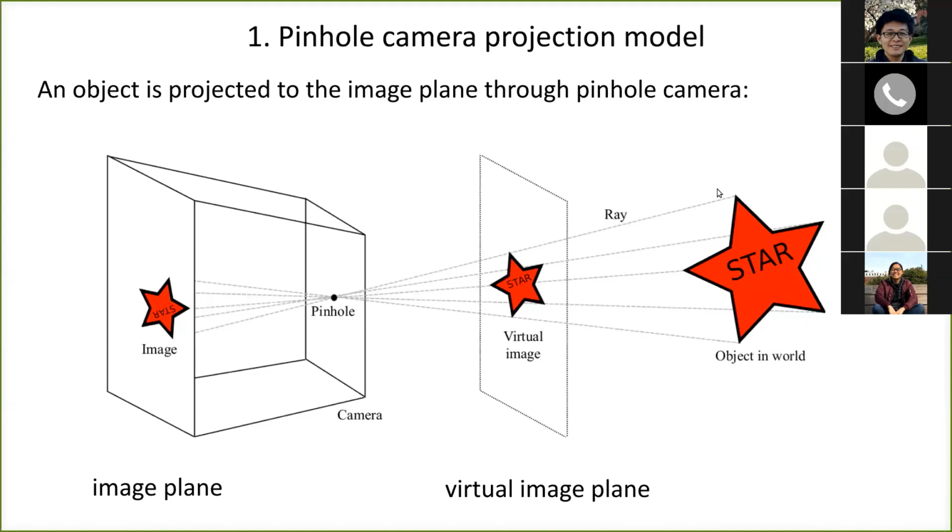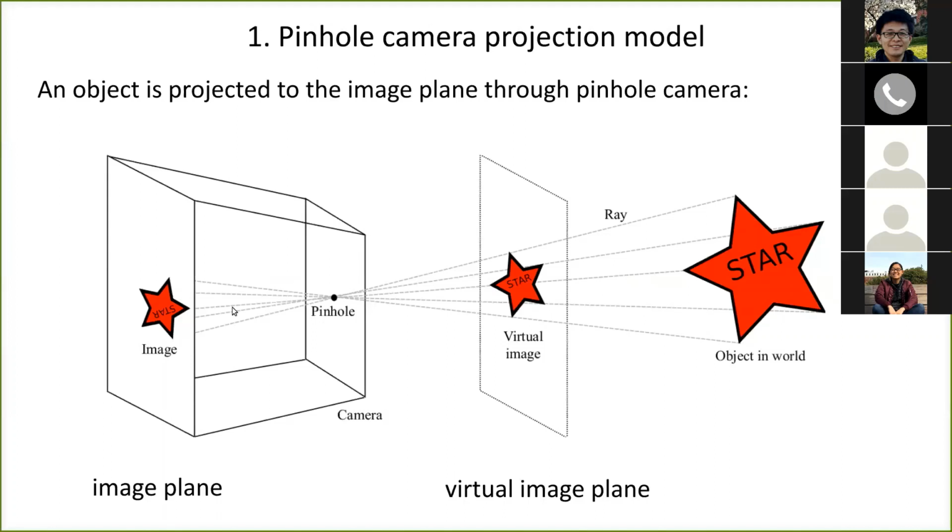Okay, so then let's talk about how we can project the 3D point in the camera coordinate system to the 2D point in the image plane, or the image coordinate system. So we'll have this pinhole camera model as shown here. We have a virtual image plane.